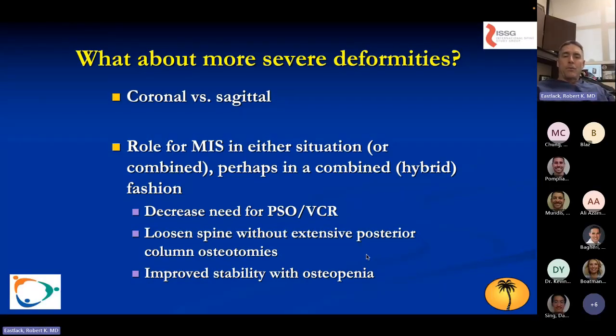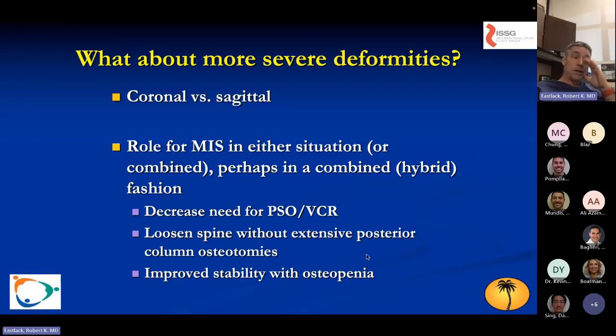What about the more severe deformities? Well, look, there's obviously going to be some ceiling effect in what we do with MIS surgery, but there's probably a role for MIS in decreasing the need for PSOs, VCRs in some cases, and allows you to perhaps loosen the spine up and perform more significant corrections with less intensive posterior maneuvers or combination maneuvers.